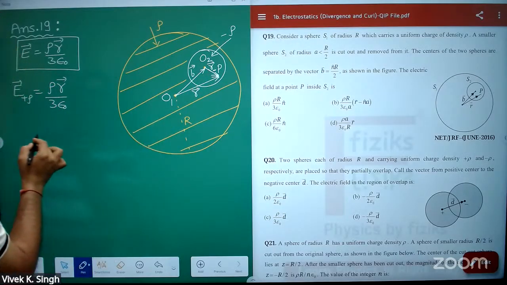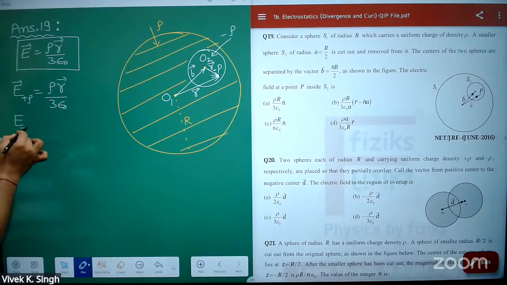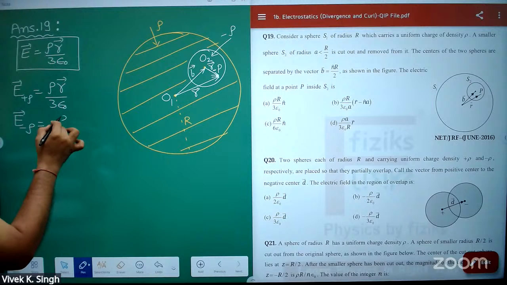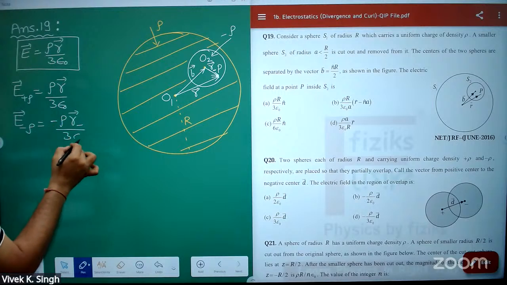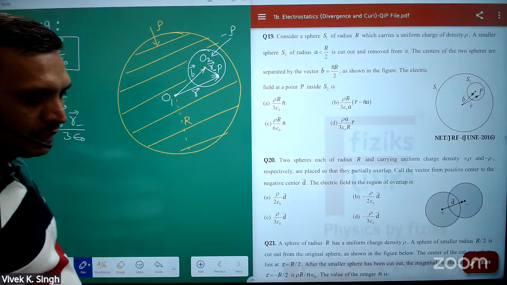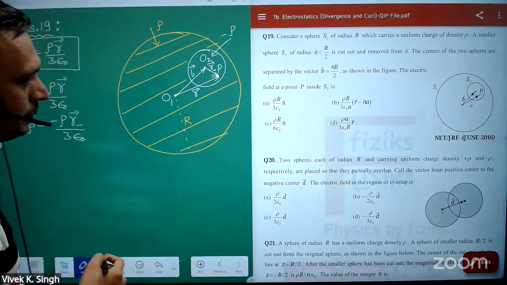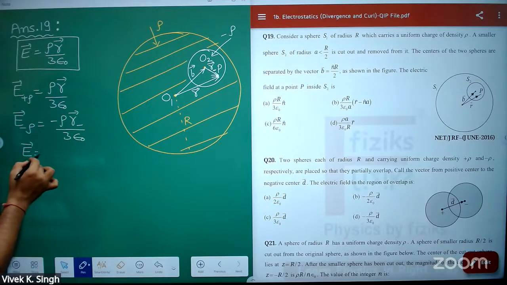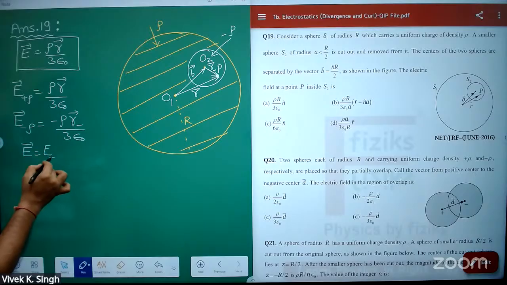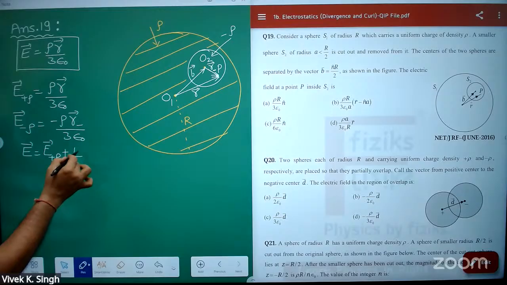And what will be field due to minus rho? This is given by minus rho r minus by 3 epsilon naught. Now you can use the superposition principle. Okay? So resultant field E is given by E plus rho plus E minus rho.